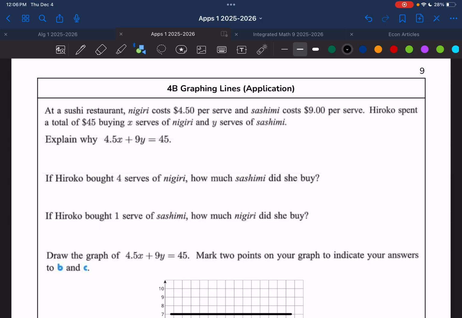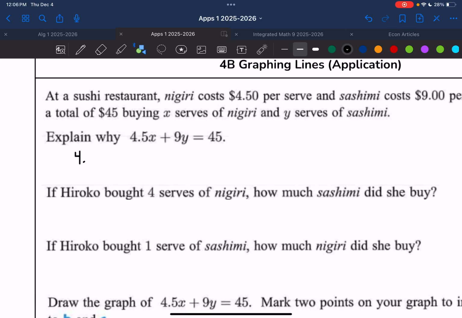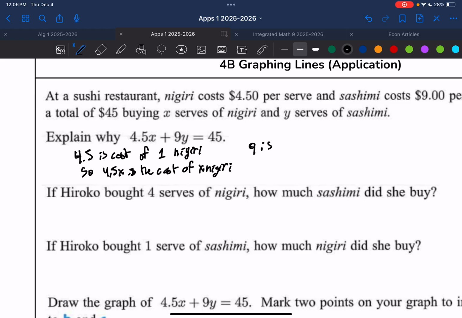And here I'm going to say 4.5 is the cost of one nigiri. So 4.5x is the cost of x nigiri. And then we use similar logic for sashimi. So 9 is the cost of 1 sashimi.